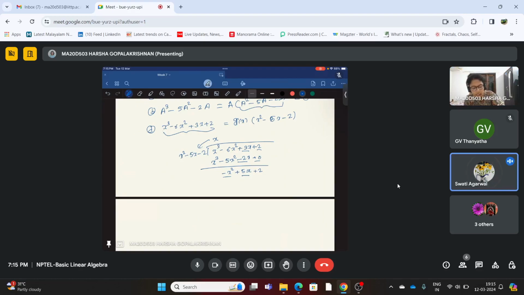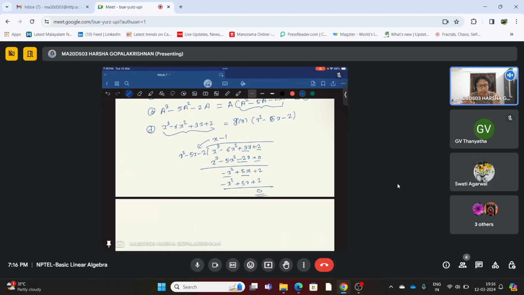Now what should be the next term with which I should multiply so that I will get minus x square plus 5x plus 2? Just 1 or minus 1? Yes, it should be minus 1. Minus 1 into x square minus 5x minus 2, I will get exactly this same value. So the remainder is 0 here.